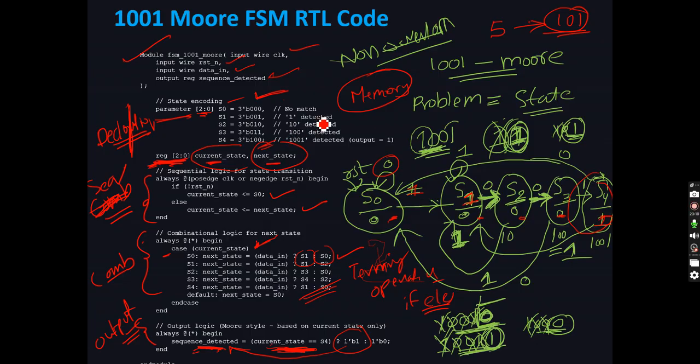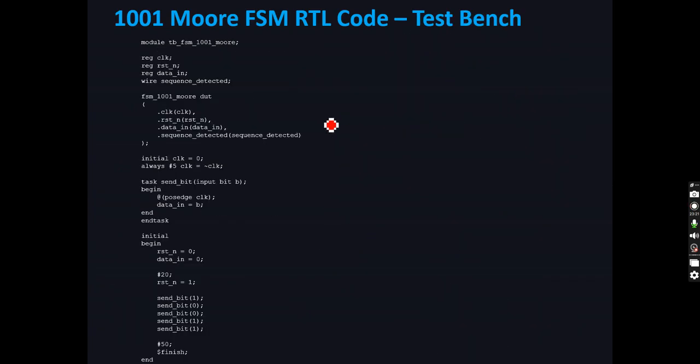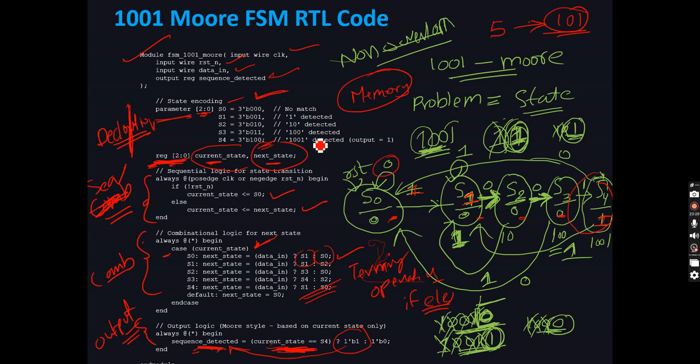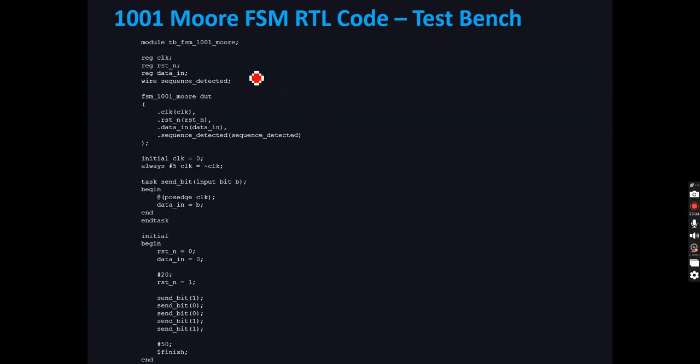Now we will go for Mealy, which is also similar. But before going to Mealy, we will discuss the test bench and how it looks. We write our own module name. Whatever inputs we have, we declare as reg, and outputs we declare as wire.